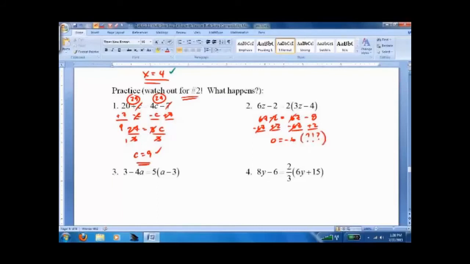Is that possible? No, then there is no solution. That happens. Quite often there is no solution to problems. However, if we had gotten an answer of 0 equals 0, we would say all solutions. Actually, we can just say an infinite number of solutions. And we will come back to this and talk about it, especially when we get into graphing.